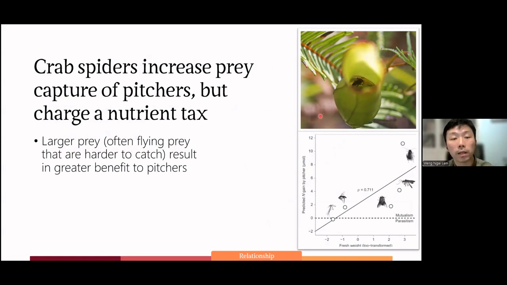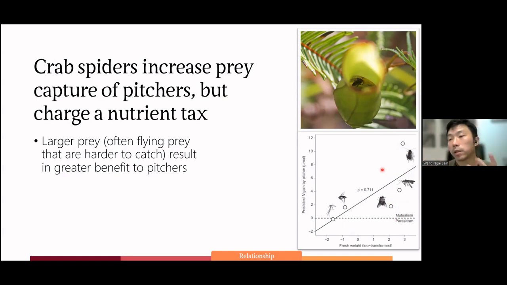And generally, we have done studies that show that when the prey item is larger, and usually this is a flying insect, which Nepenthes gracilis is not very successful at catching, when the crab spiders are present, they help to catch prey that's difficult to catch, and then there is a net benefit for the plant.